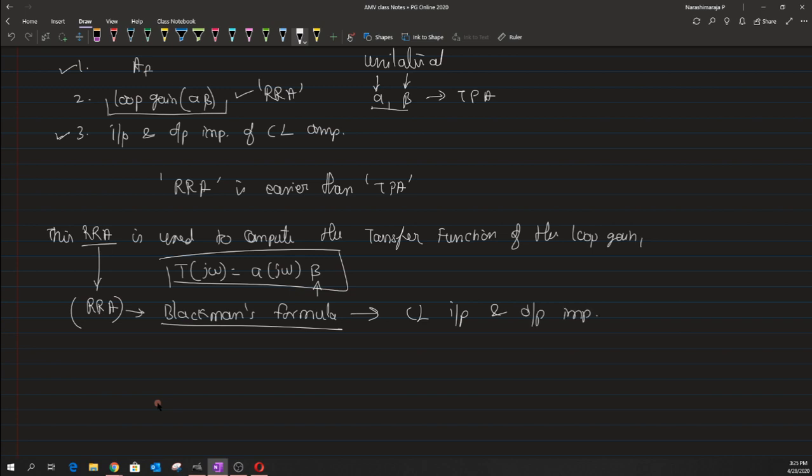Probably you might feel that this RRA method is quite tedious just because we are applying those results in completely new, different ways to compute those things.